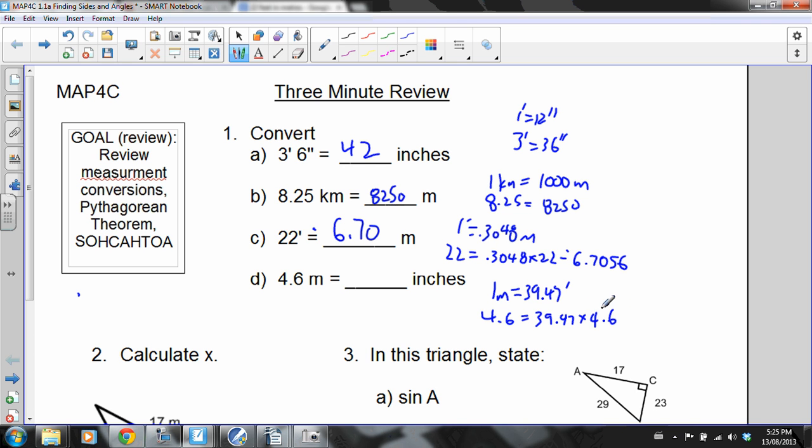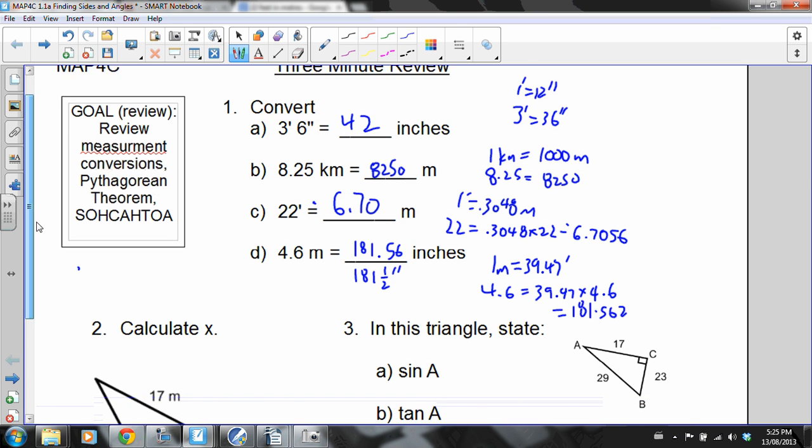And I'm going to get a big number here. Round off to maybe 181.1 inches. Now, this is weird seeing decimals of inches. Usually, we use fractions for inches, right? So there we go.